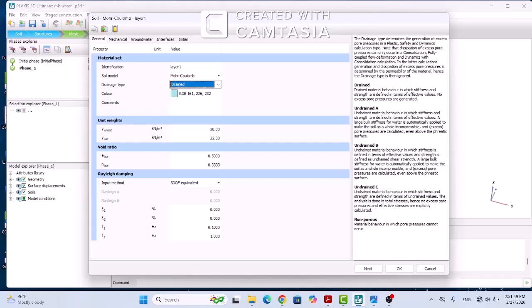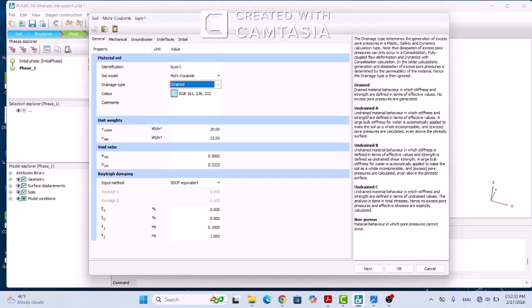So for modeling of consolidation, the best choice is undrained A. But another thing that is important is that if we choose undrained A, we must choose an appropriate constitutive model to calculate excess pore water pressure correctly and exactly. For example, a hardening soil model is a suitable model that can calculate excess pore water pressure correctly and exactly.